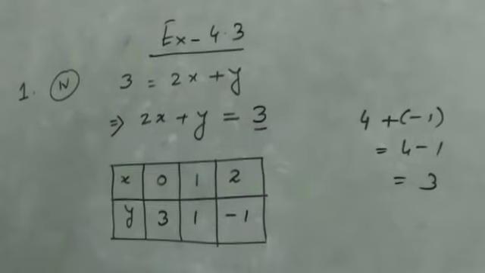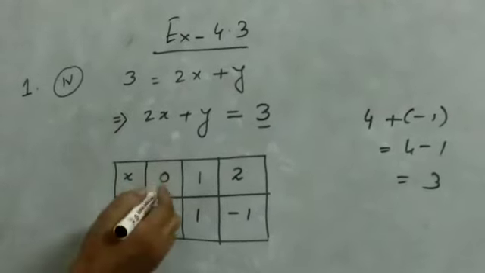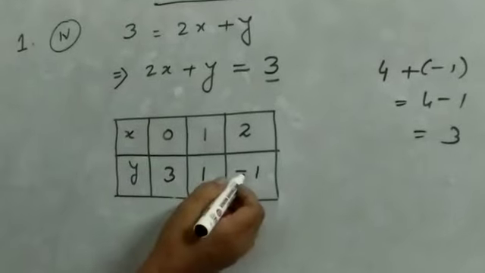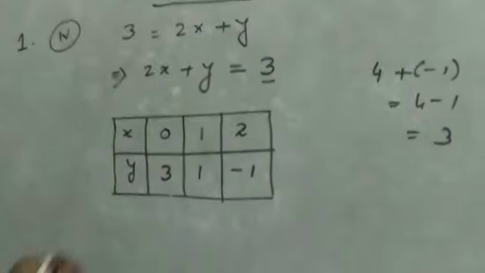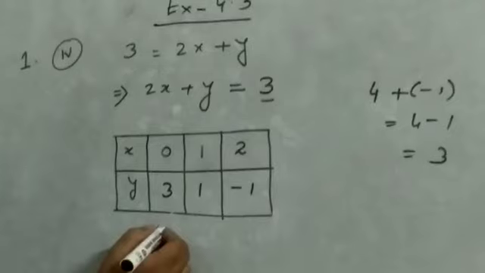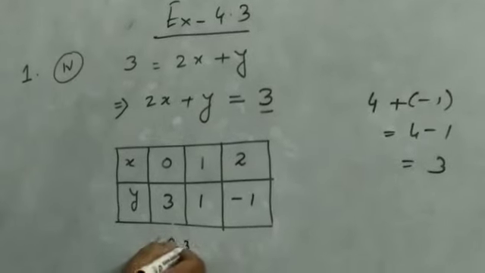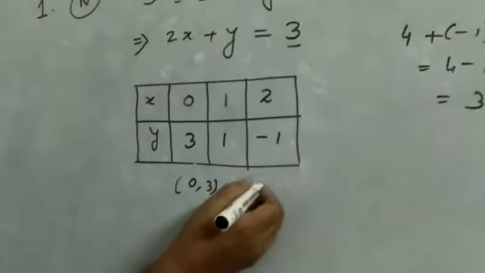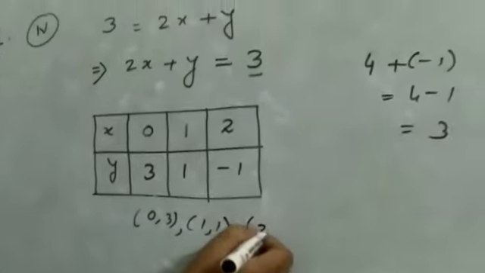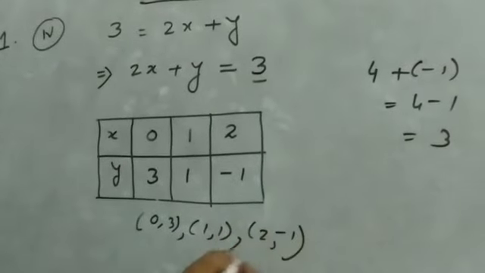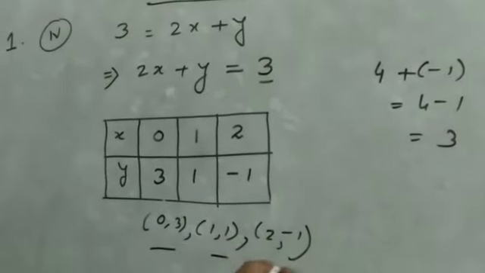This is the method to find the solution. Here you see one solution has a minus, the others are plus. So write the solutions as ordered pairs: 0, 3, then 1, 1, then 2, minus 1.